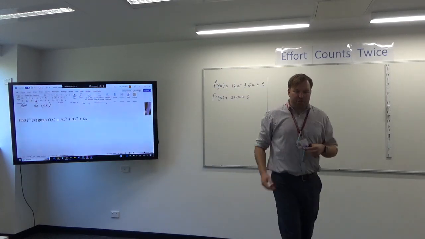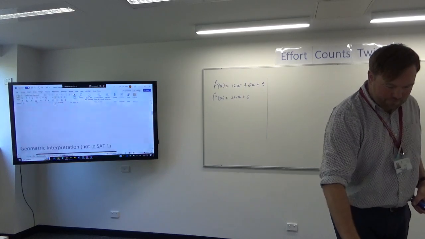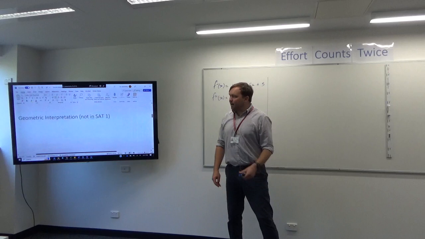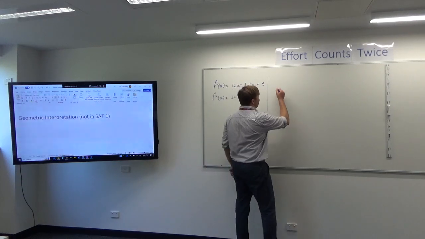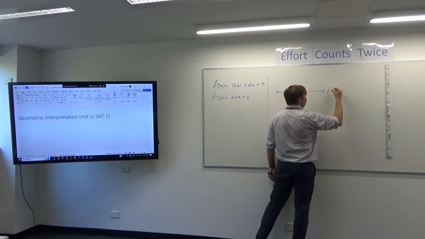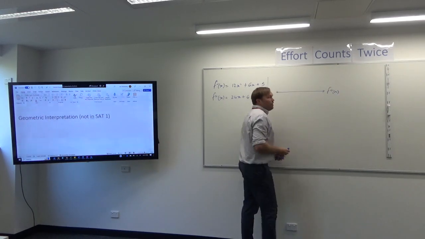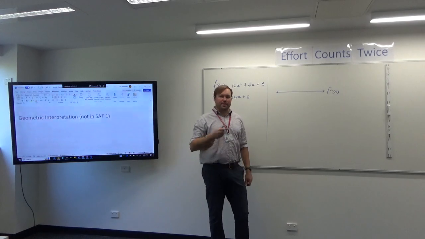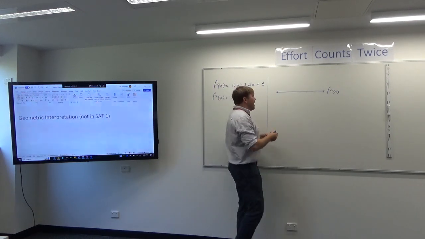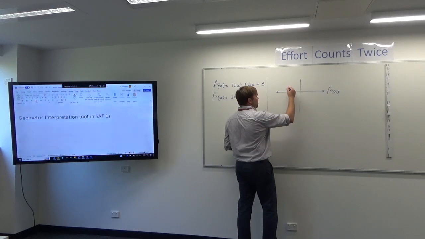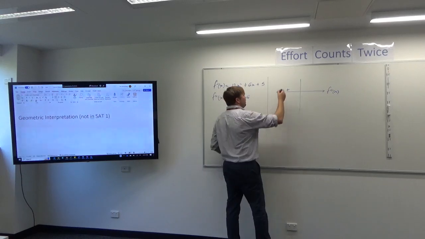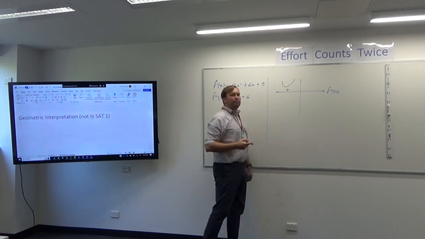Now, geometric interpretation is not in SAT 1, but it's worth looking at anyway. If I draw a sign diagram of the second derivative, where the sign diagram is positive, that means the graph is concave up.